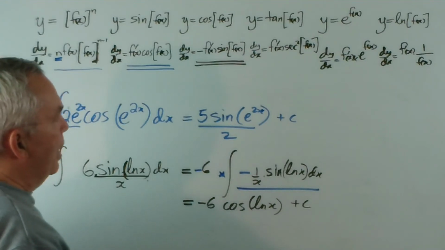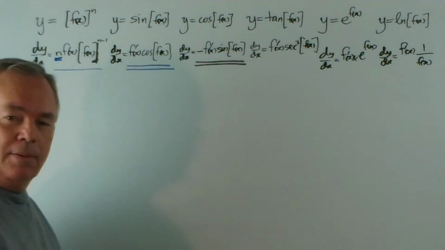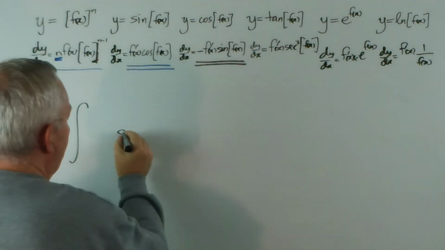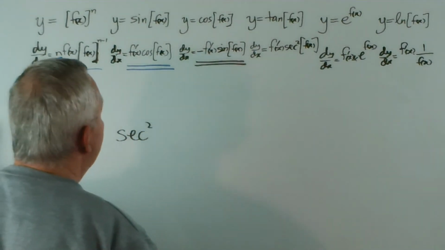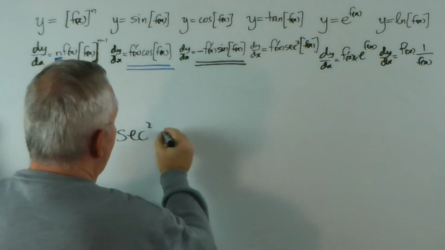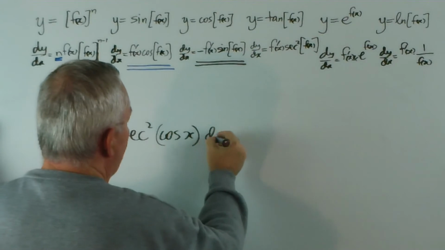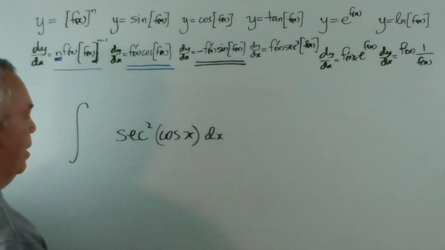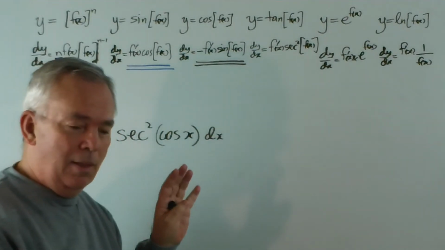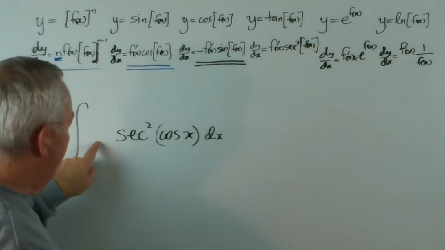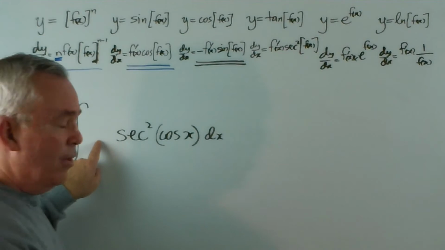That's it. But we've got it, we've bashed it into shape, if you like, put it into the form we want. Let's move to tan. Let's try this integral. The integral of sec squared cos x dx. Now again, this would be a higher order, a much more difficult integral if we were missing the derivative out the front.